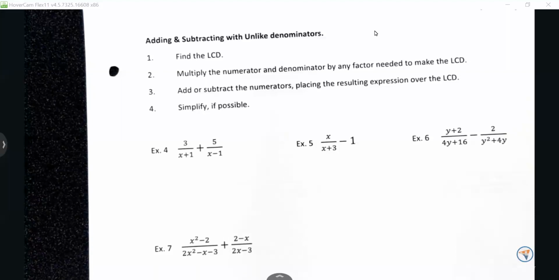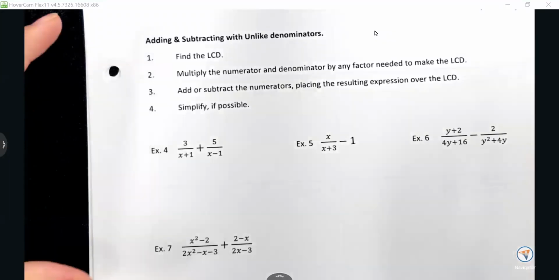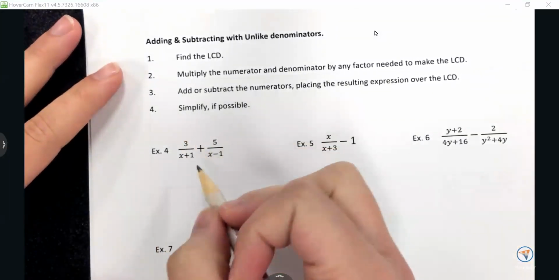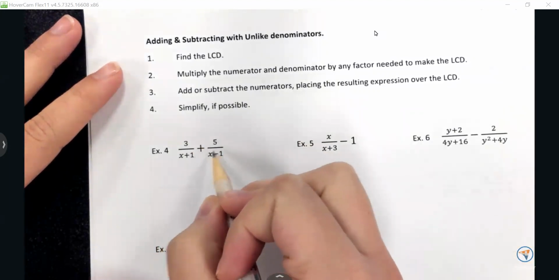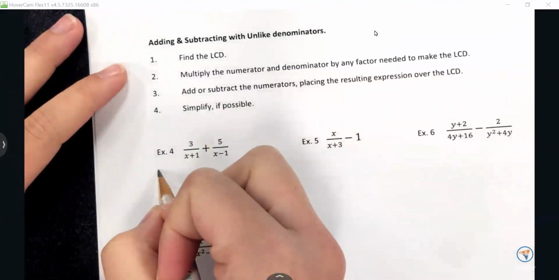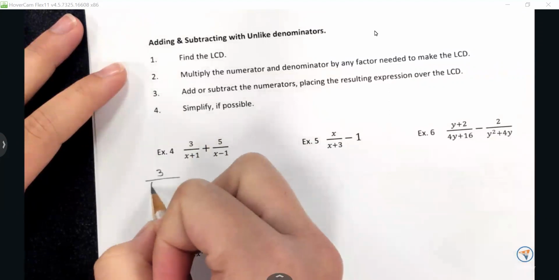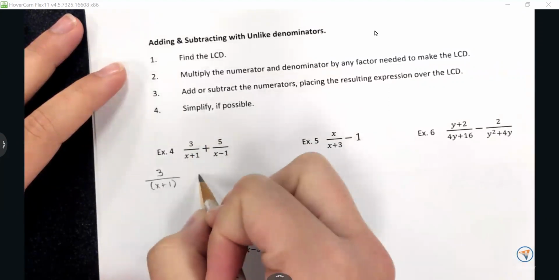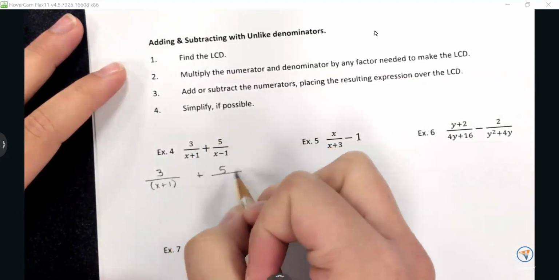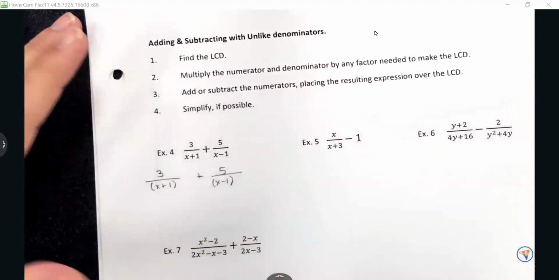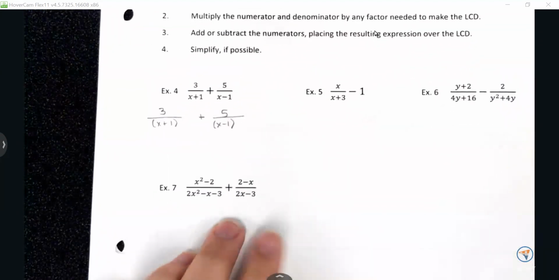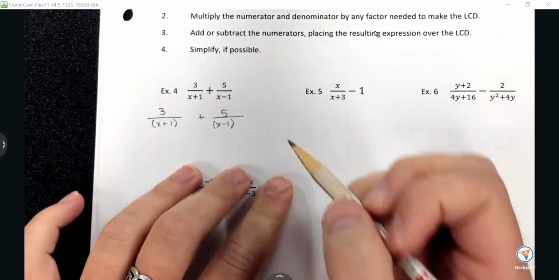Okay, so I have 3 over x plus 1 plus 5 over x minus 1. I like to write it with a little bit of space. Are my denominators the same?